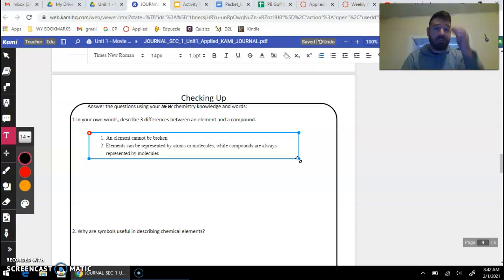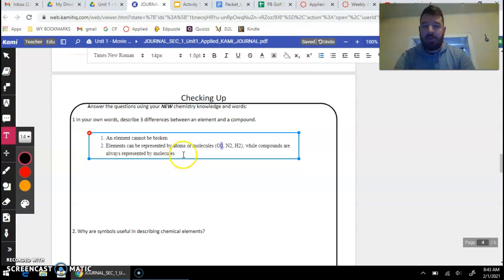Alright, so oftentimes our elements will just be one single atom. There are times where we have more than one of the same type of atom chemically bonded together, something like O2. Oxygen is naturally found with 2 oxygen atoms bonded together. Same thing with nitrogen or hydrogen. And these would be smaller subscripts as well.